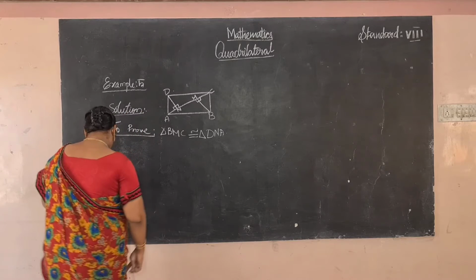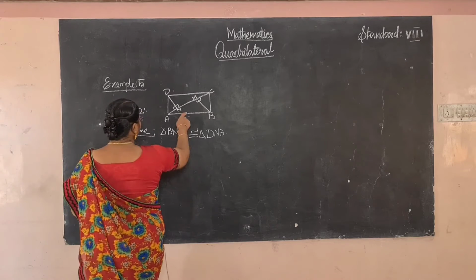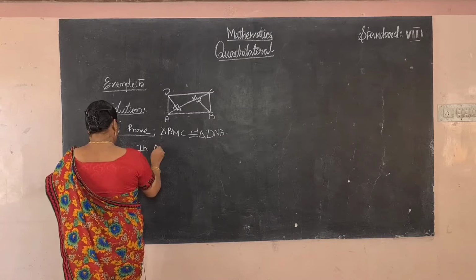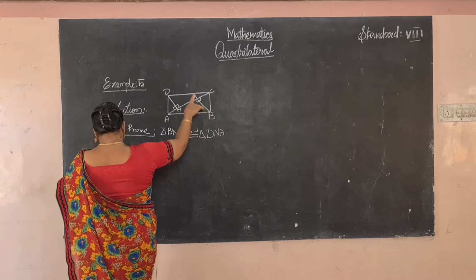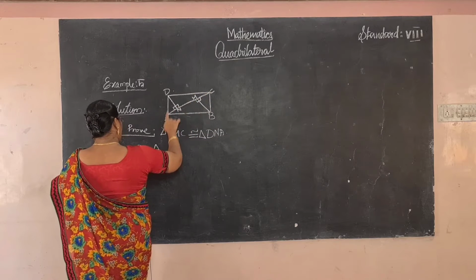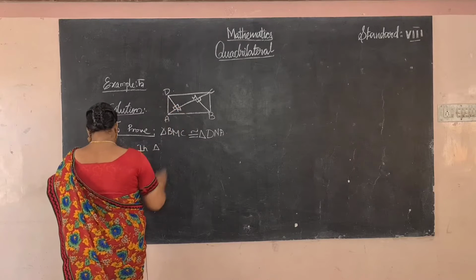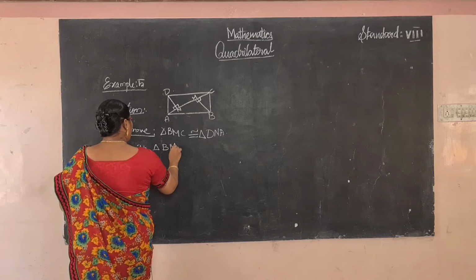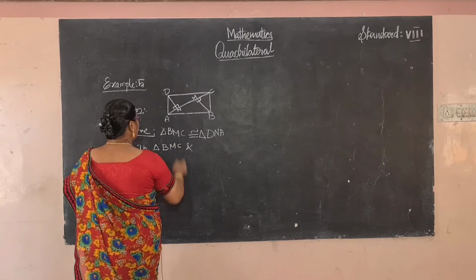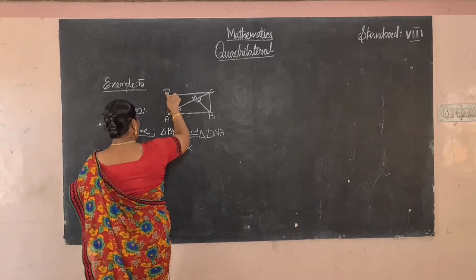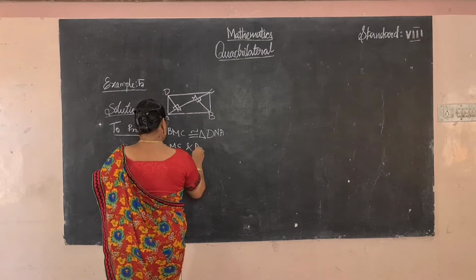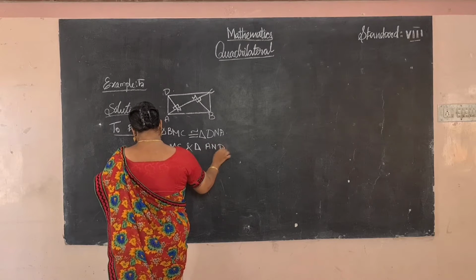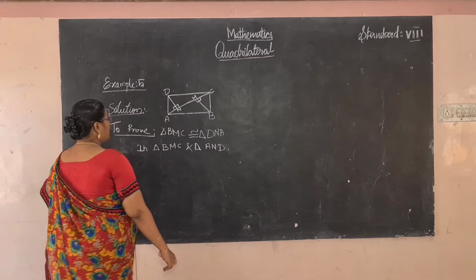What data do we have from this given figure? In the triangle BMC and the triangle AND, which sides are equal?